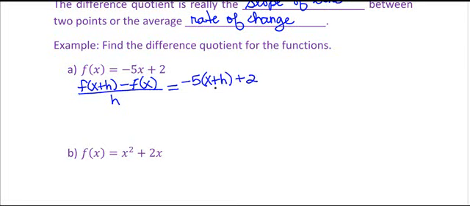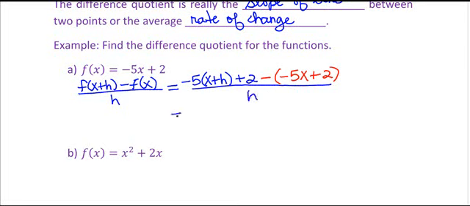Everything else in the function stays the same. Now we have to subtract off f of x. Well, what is f of x? It is the function that is given, negative 5x plus 2. And then all of that is going to be divided by h.